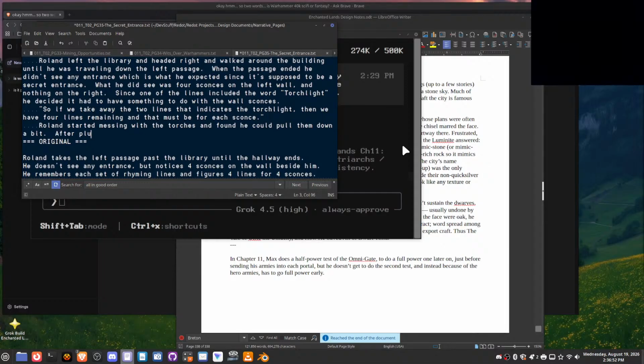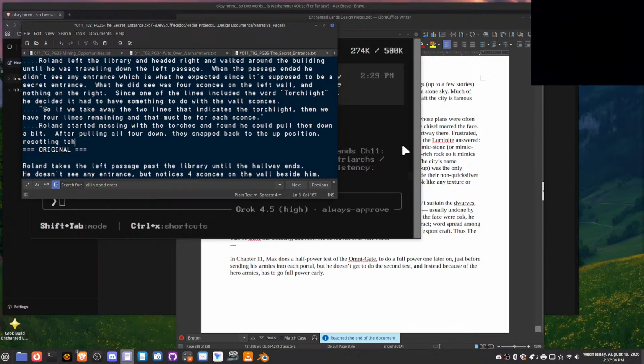After pulling all four down, they snapped back to the up position, resetting the puzzle.